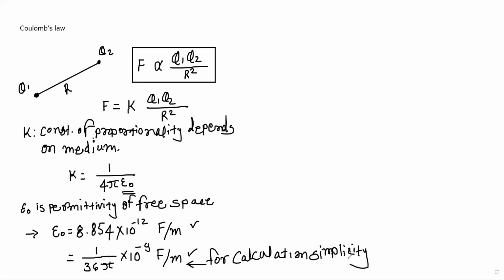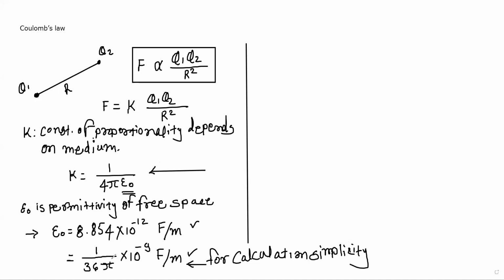Right? So this value, if you calculate, is obviously fixed, it's the same value. But for calculation simplicity, if you observe this formula, it has 4 pi, 1 upon 4 pi.